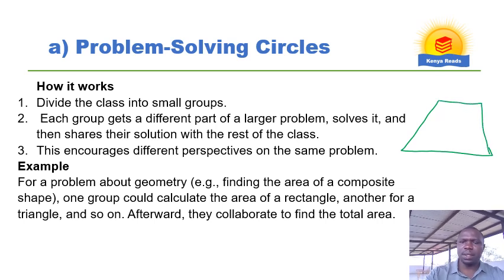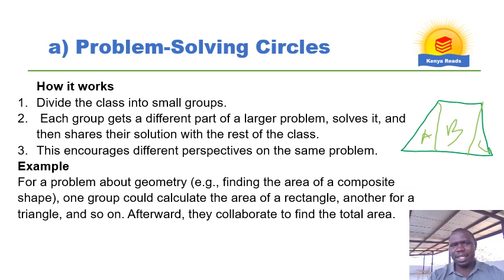If we divide a trapezium into different parts, we are likely to have part A, part B, part C. So instead of allowing learners to work out the area of a whole trapezium, I can decide to divide the learners into three groups. Group one works on A, finding the area of A, which is a triangle.